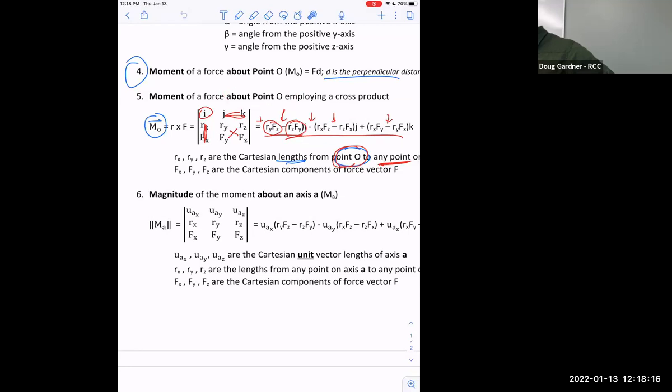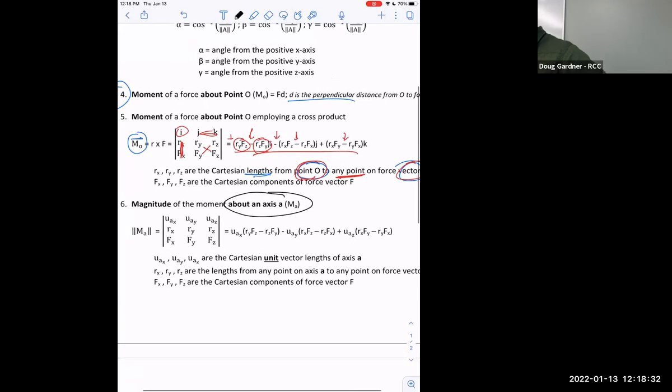That's what we've been doing, but what if it's around an axis? What's the same? What's different?